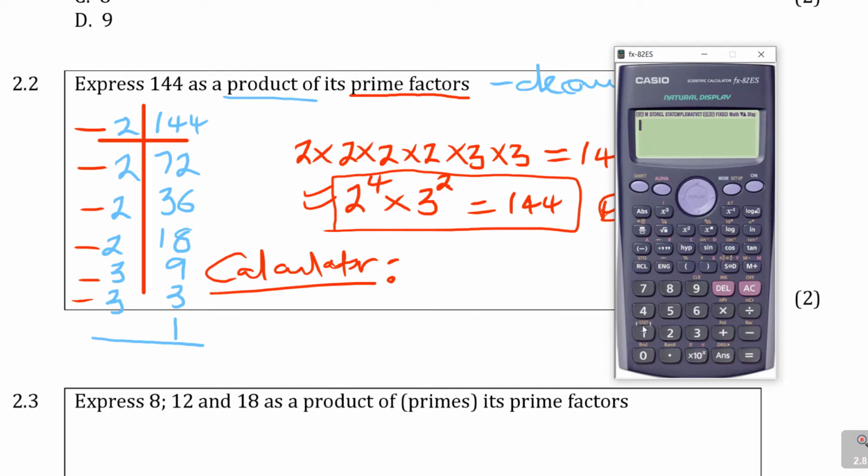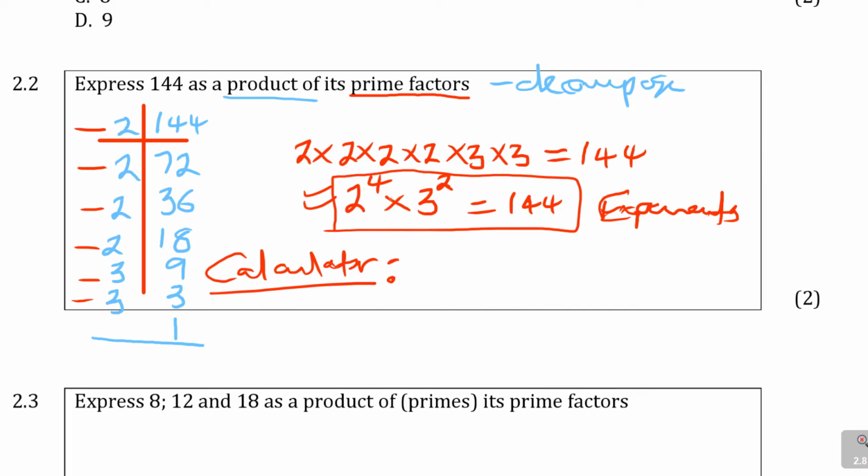So what you do is press 144 and then equal to. Then from there you say shift. Somewhere around here, where there is your B, if I'm not mistaken, if you say shift, there is a FACT. If you press it, it is going to express it exactly like this. You'll get 2 to the power 4 times 3 to the power 2.